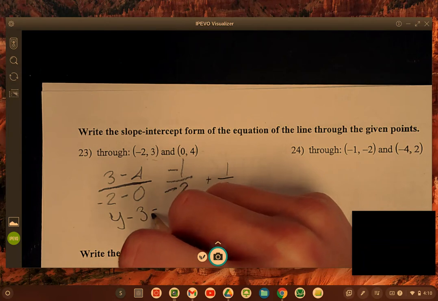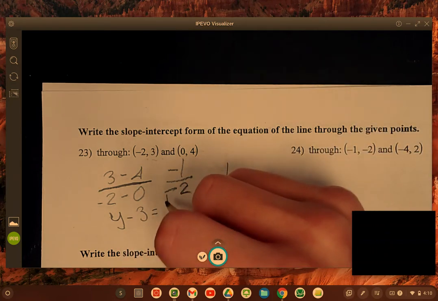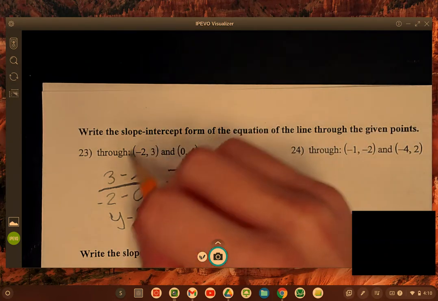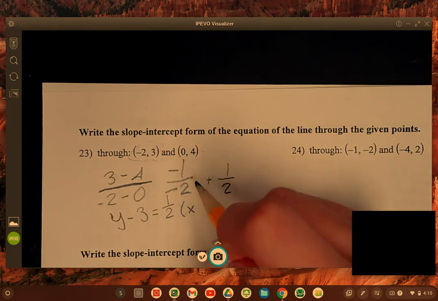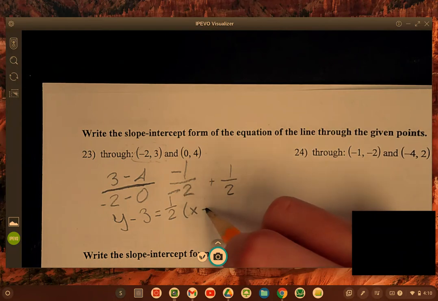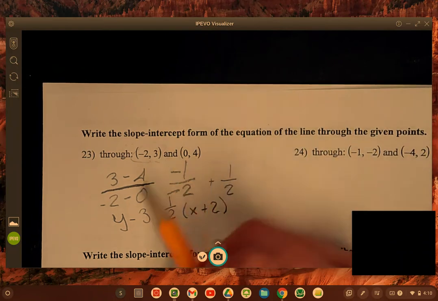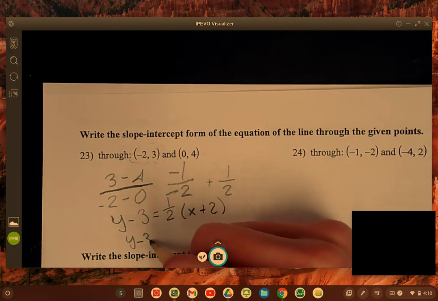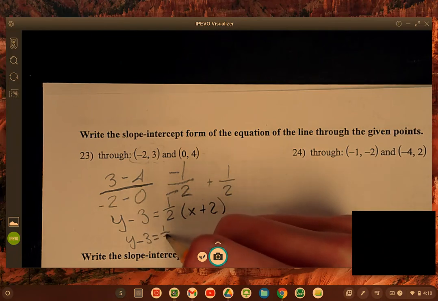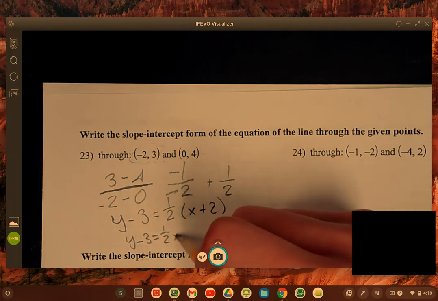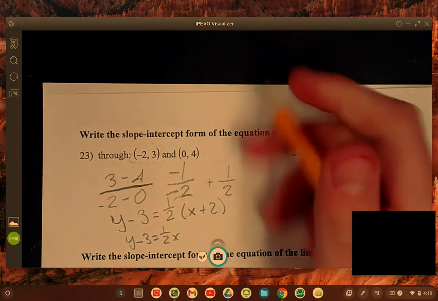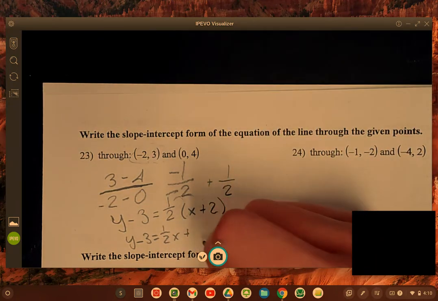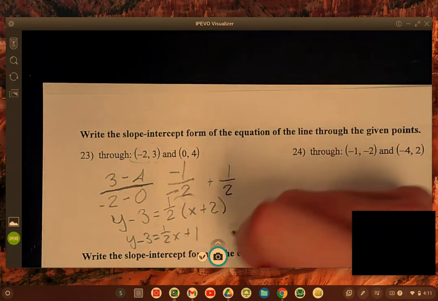Y minus. Okay, and so you chose a point, and it doesn't matter which one, right? Yeah, you just gotta stick to it. Don't hop around. Plus 2. Perfect. And I'm gonna get y minus 3 equals 1 over 2x, because we're gonna distribute. And then 1/2 of 2 is 1, so it's gonna stay positive 1.